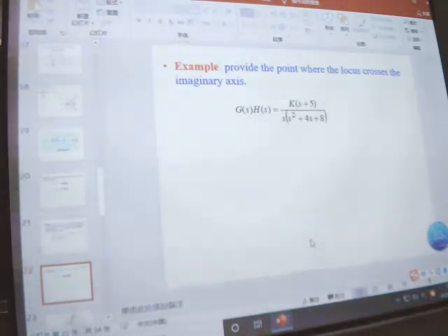You can see where is the real part, where is the imaginary part. The real part is you can see this is the real part. So minus 4 omega square plus 5k equal to 0. And this is the imaginary part.